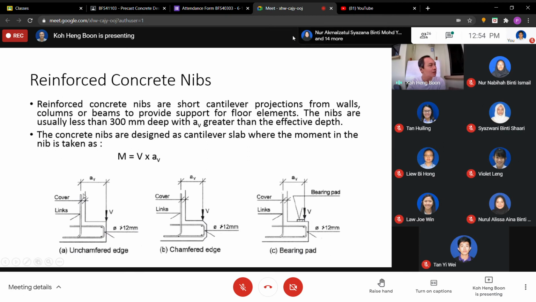So do you get an idea why we design as a short cantilever, or when we can design as a strut and tie system, when the shear span over D.